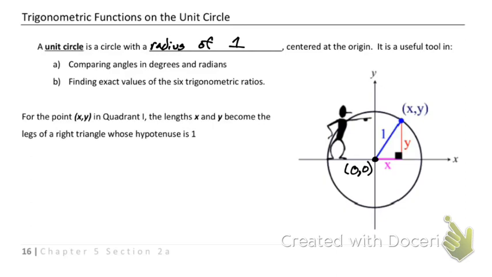So when I pick that point, you are moving right a certain number of units, and you're moving up a certain number of units. And completing that creates a right triangle. And since the radius of this circle is 1, the hypotenuse of any triangle we make is going to be 1 unit. That's going to be very, very important.